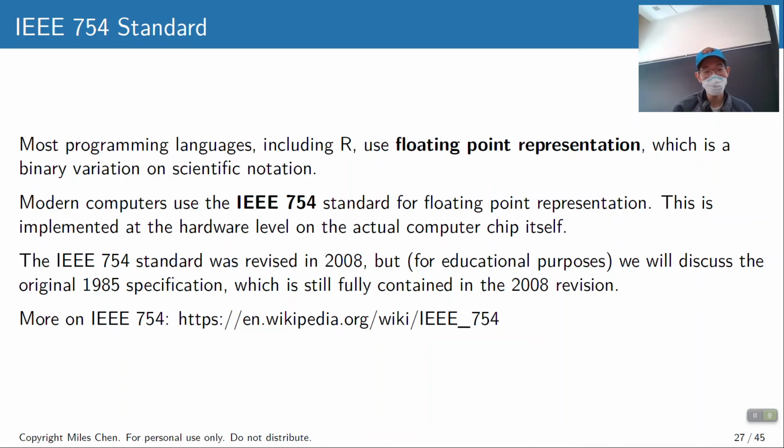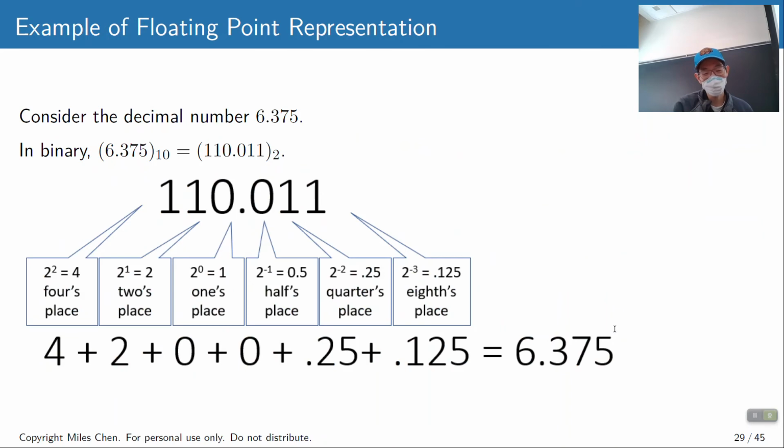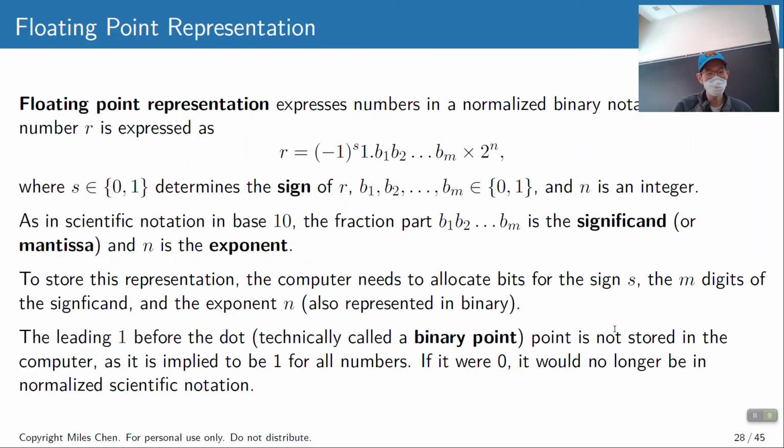This standard was technically revised in 2008, but we'll look at the original specification, which is still fully contained in the 2008 revision. The revision just added to it, and you can read more on Wikipedia, just like every other topic.